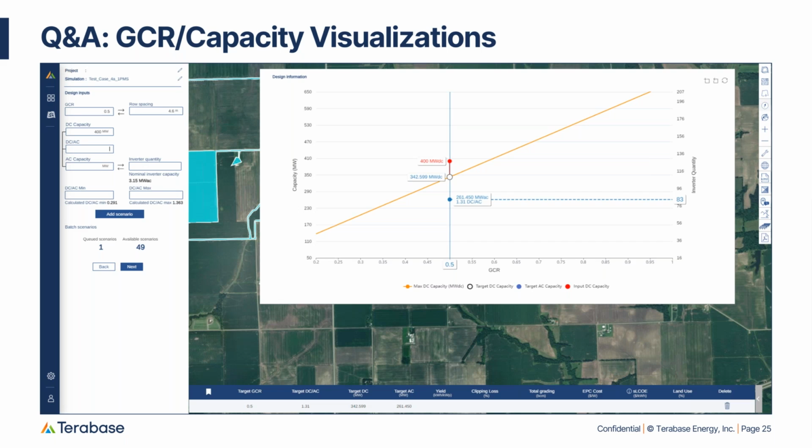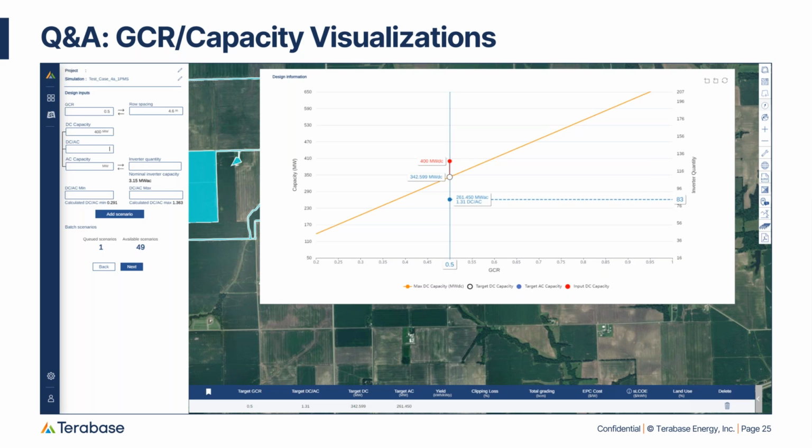But the DC-AC ratio minimum or maximum are for any specific inverter. So if you put a number in the minimum, no inverter on your site will go below that minimum. And the same thing for the maximum. If you put a maximum value in there, every single inverter will have to adhere to that maximum, and no single inverter will go over that DC-AC ratio or inverter loading ratio maximum.